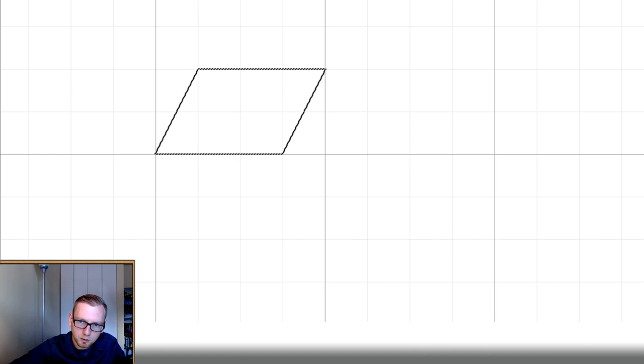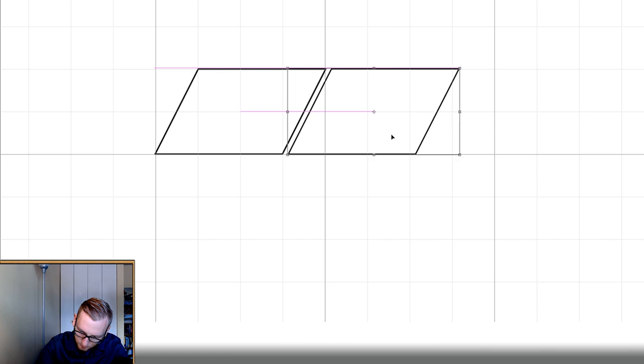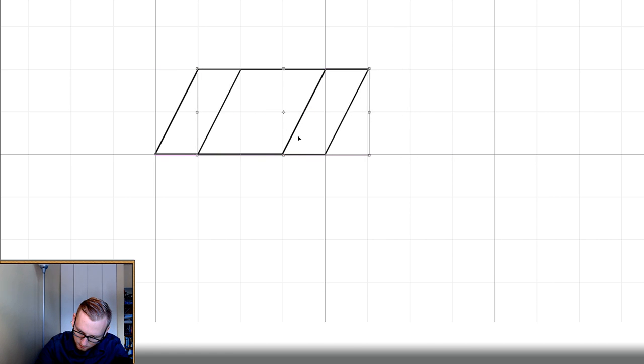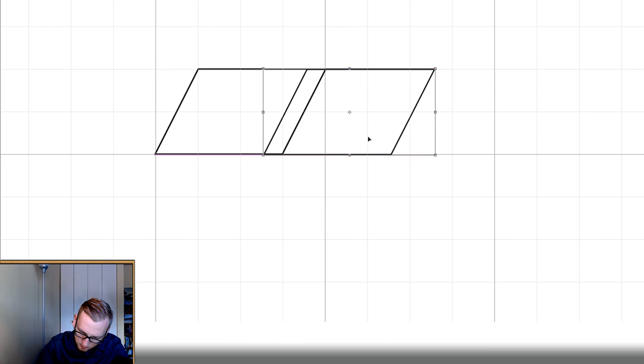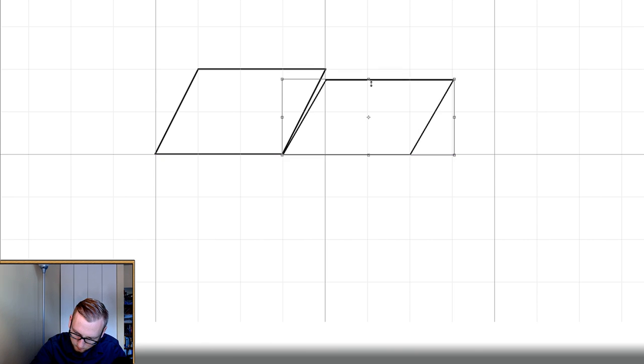I wonder if this will work. Nice. Brilliant. Figured out something that'll cheat. So we want to take this and we are going to flip it.